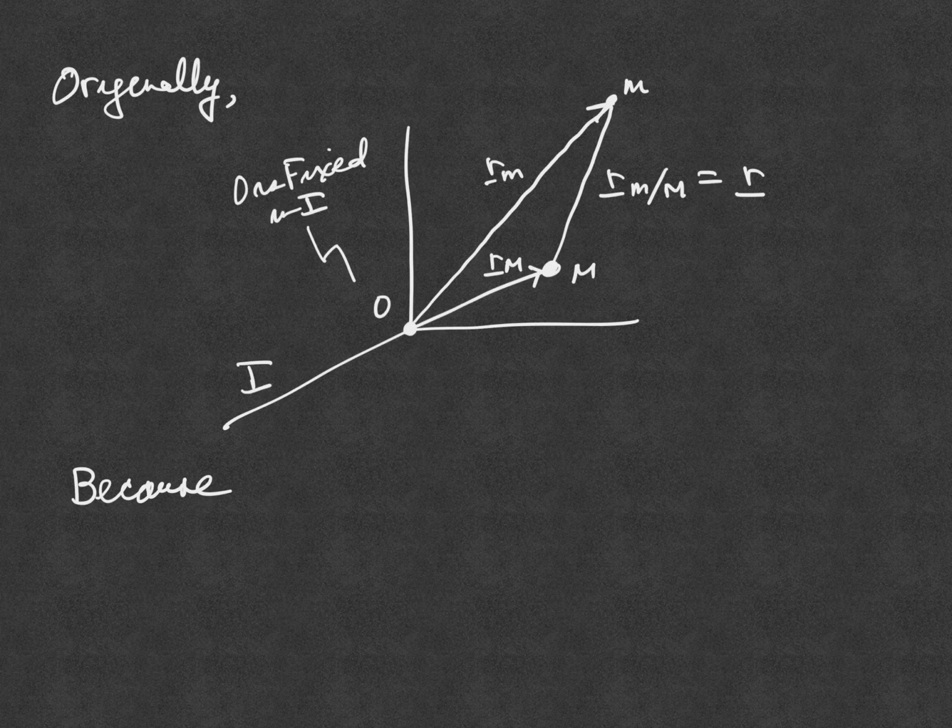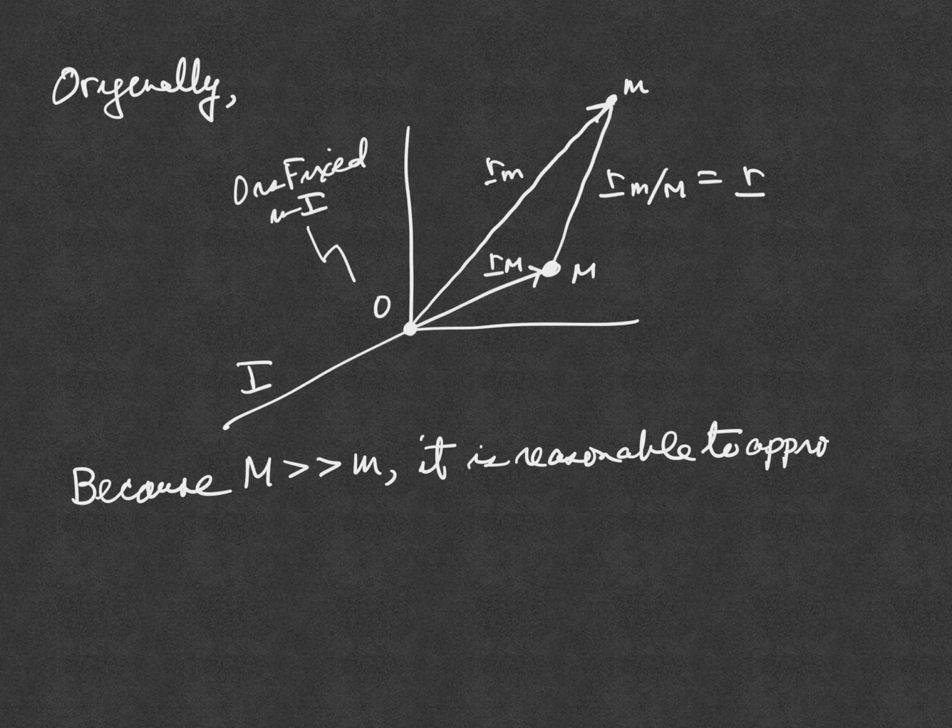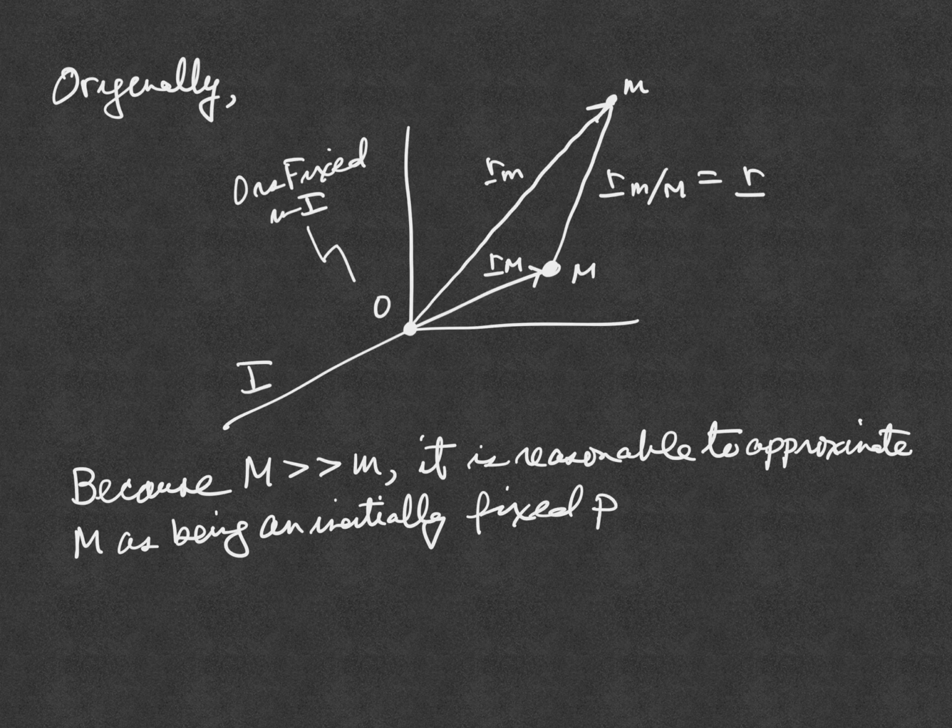Now, because M is much, much bigger than little m, it is reasonable to approximate. This is an approximation, but it's a good approximation. M as being an inertially fixed point. Now, it's not an inertially fixed point because you can see in the diagram that O is the inertially fixed point. But we're just going to make that assumption.